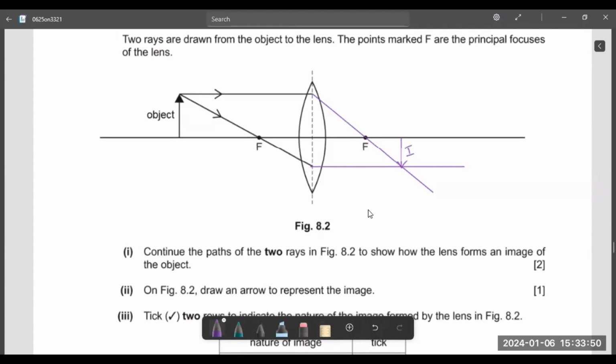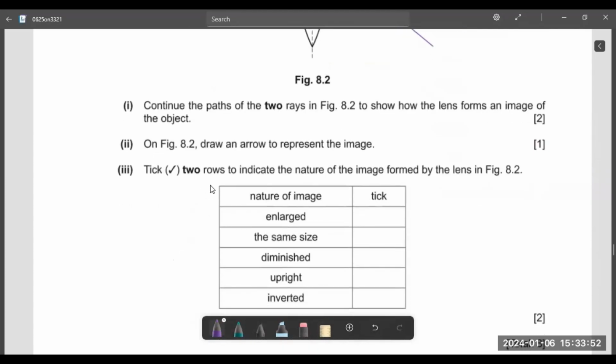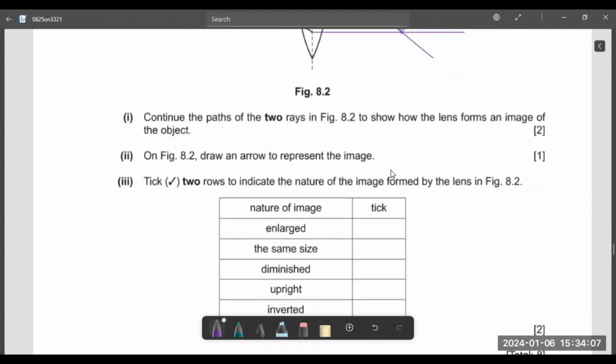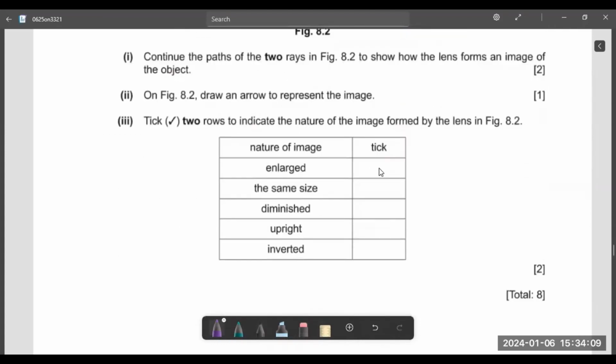This is I. Indicate the nature of the image formed by the lens. What is the nature of the image? We can see here it is smaller than the object and it is inverted. That is diminished and inverted.